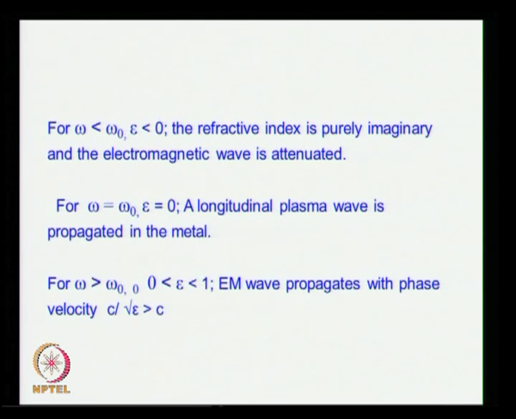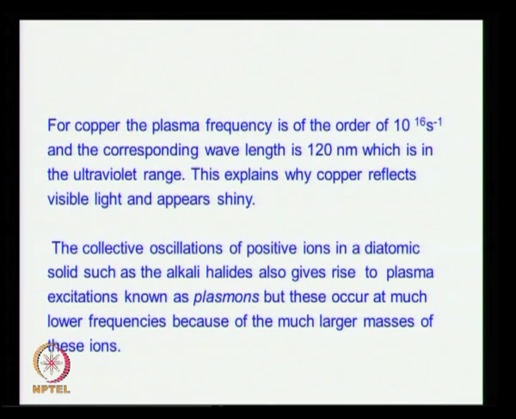So, that is the overall behavior, and in the case of copper, the corresponding wavelength is about 120 nanometers. This is in the ultraviolet range. That is why copper reflects visible light and appears shiny.